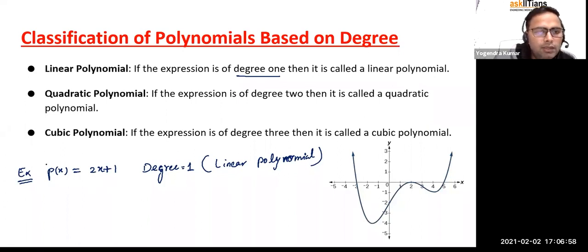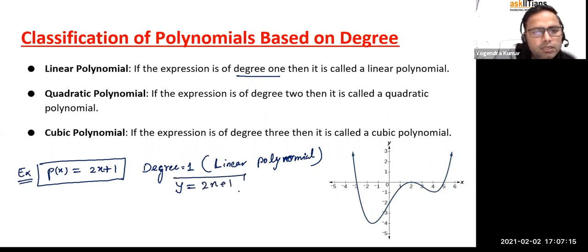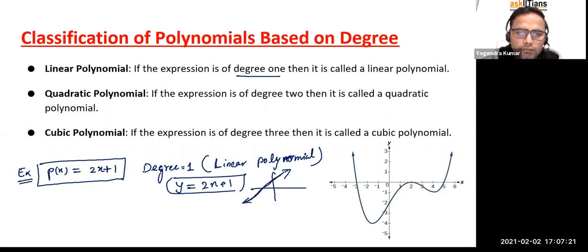Every polynomial we can graph on our graph paper. Why did we give the name linear? Because its graph is always a line. For that, we take p of x as y, so y is equal to 2x plus 1, and we can graph it. It gives a straight line graph. As it is a line, it is linear, so the degree has to be 1 for a linear polynomial.